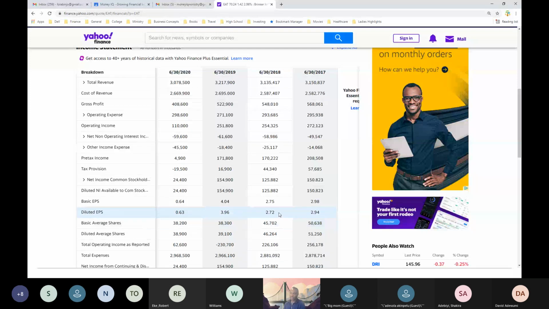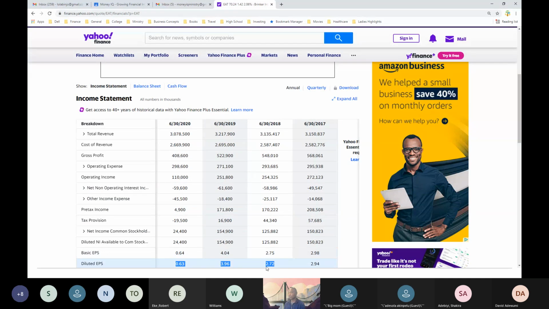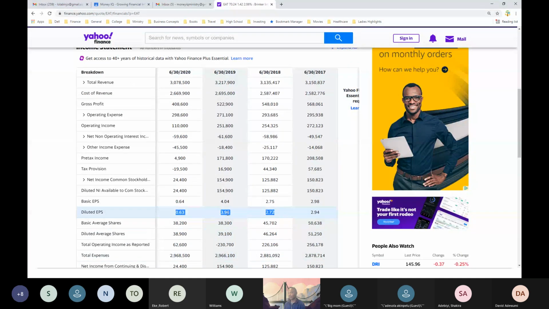So I always recommend that you use the last 3 years average. In this case, you sum up all these three earnings per share to get your average earnings per share for that company. That means there's a little bit of calculation you need to do, which will not be done for you on the income statement. The average of these three would be about 2.6 or something like that, right?